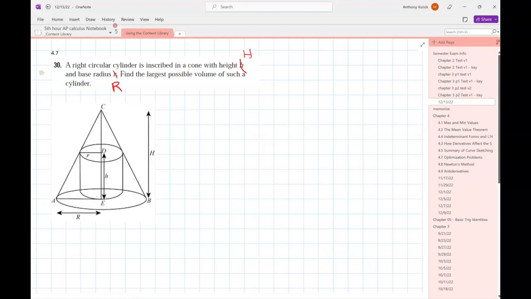Another part would be, what's the domain for the volume equation? Or what are the critical values I need to check? Or to find the max or min for the problem, what values of the variable in question do I need to check? I'm trying to give you the steps to do the problem as the parts of the problem.